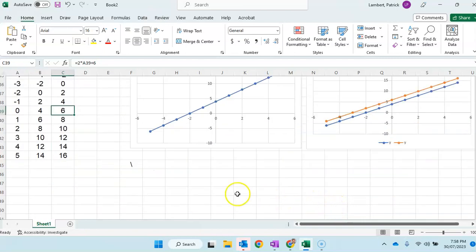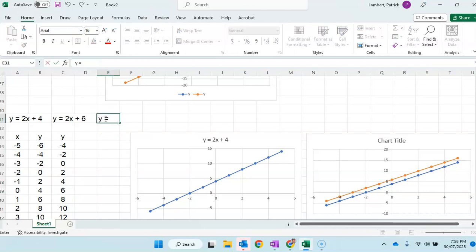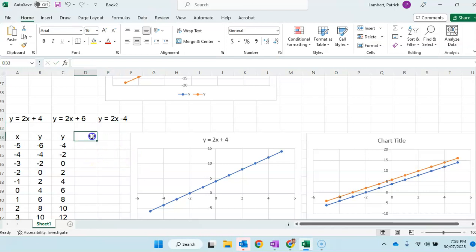Let's do one more, and we'll do a negative value. So we'll do y equals twice x, and we'll go to minus 4. Again, we'll tell Excel that we're going to be using a formula.